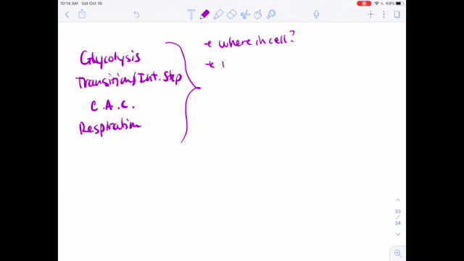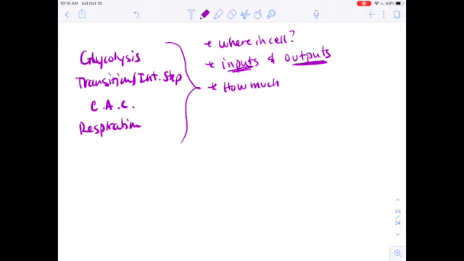Let's talk about inputs and outputs for each. Inputs meaning what are the starting molecules. Outputs meaning what are the finishing molecules for each of these.